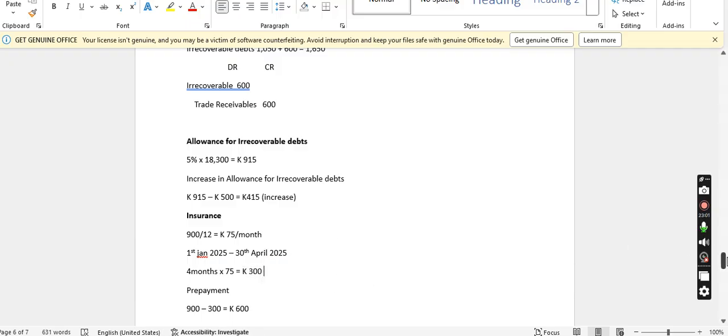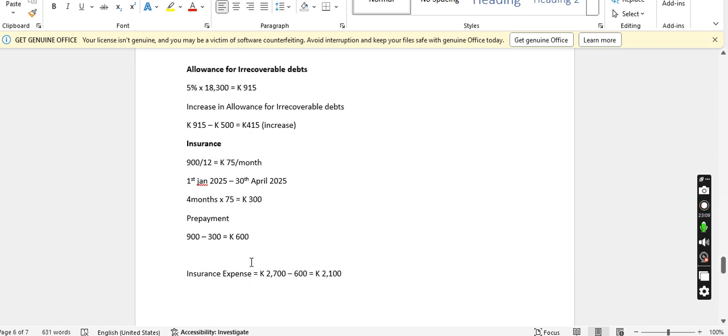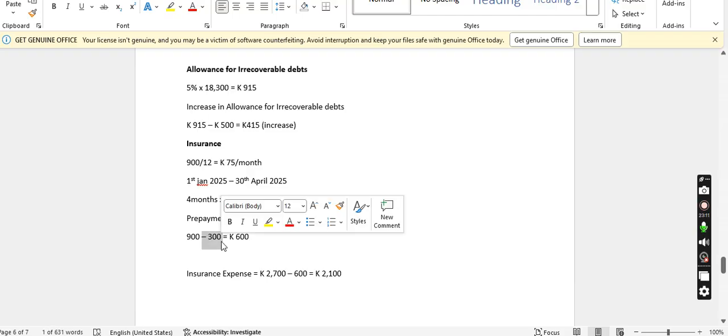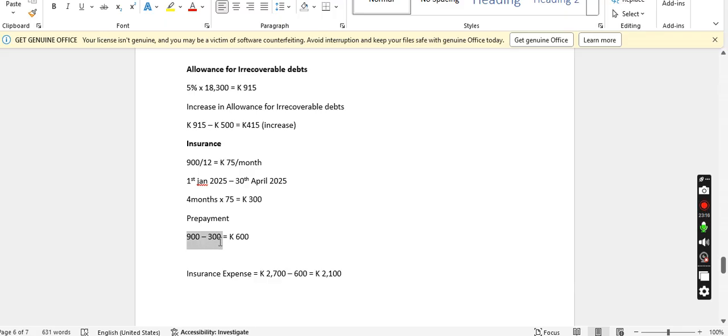Then we have to find out how much is going into the next year. How much is the prepayment? So if 300 has been used up this year and we paid a total of 900 kwacha, then 900 minus 300 kwacha, 600 kwacha is a prepayment. Okay, and remember, you want to do the journal and double entry for this.